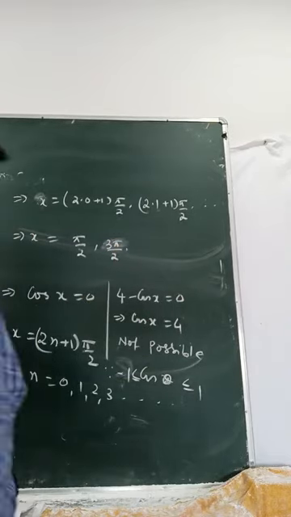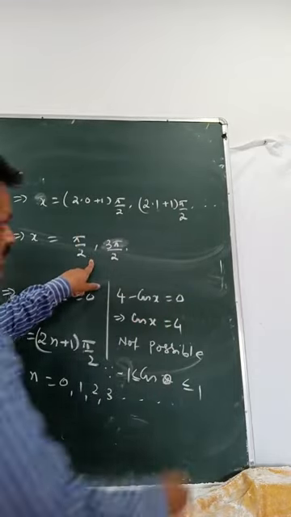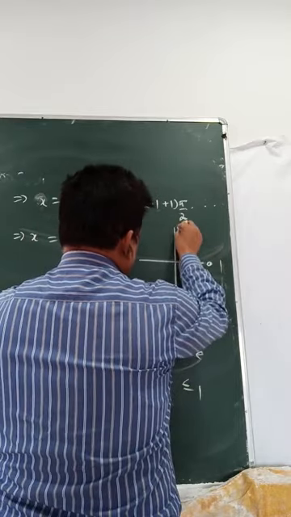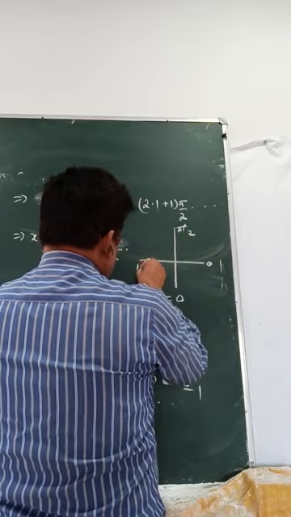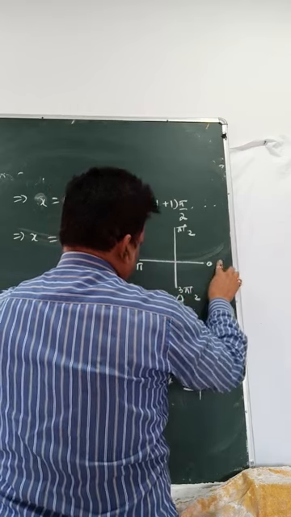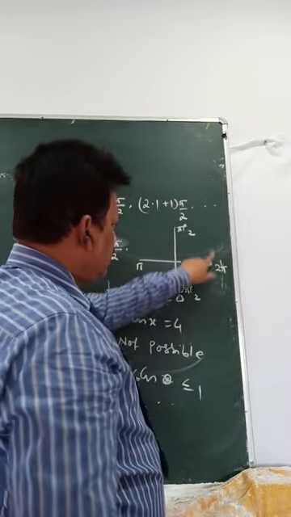Okay, now look here, 2 points you get. Now what is the interval you see here? This is 0, this is pi by 2, this is pi, this is 3 pi by 2, this is again 2 pi. So from 0 to 2 pi you will calculate.